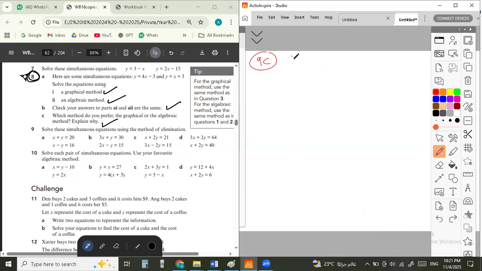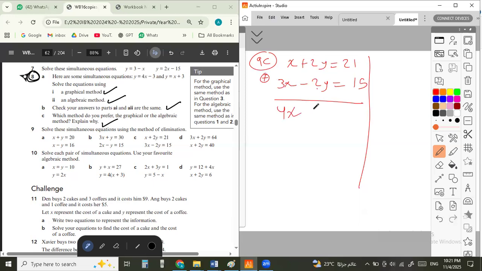9C says x plus 2y equals 21, and we've got here 3x minus 2y equals 15. Mister, I'm going to add. That's what will help me eliminate. x plus 3x is 4x. 2y plus negative 2y is 0, equals 21 plus 15, which gives exactly 36. So x is 9.